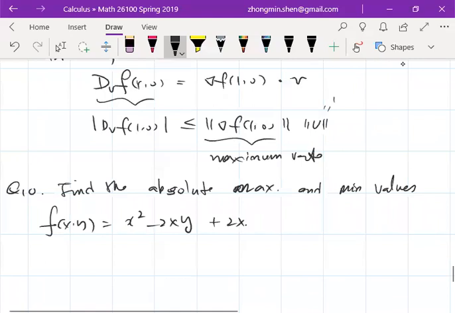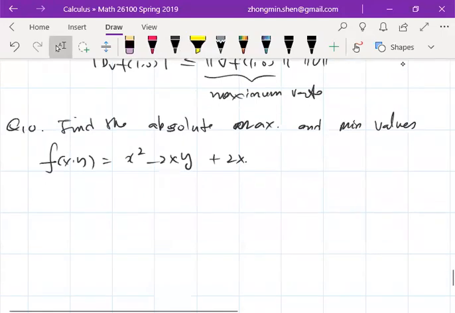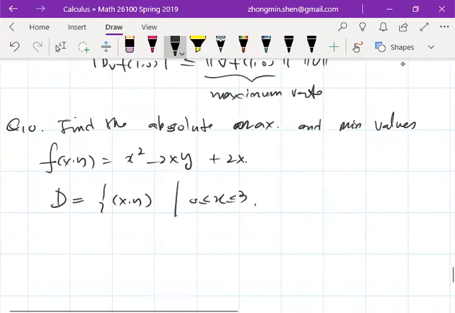It's a rectangular domain. D is the set of (x, y) where x is between 0 and 3, and y is between 0 and 2.